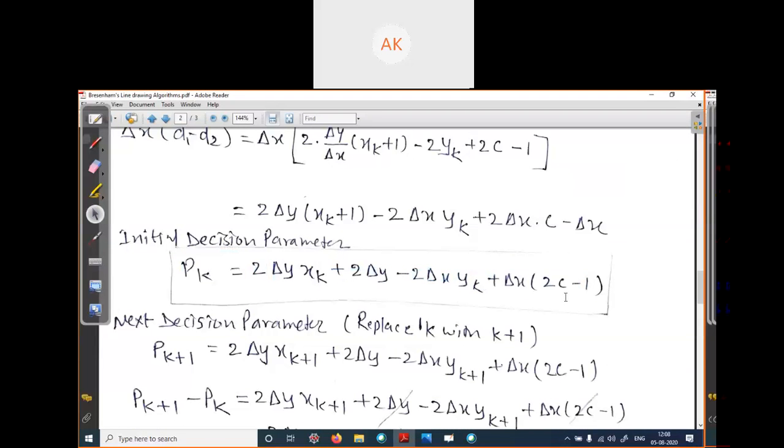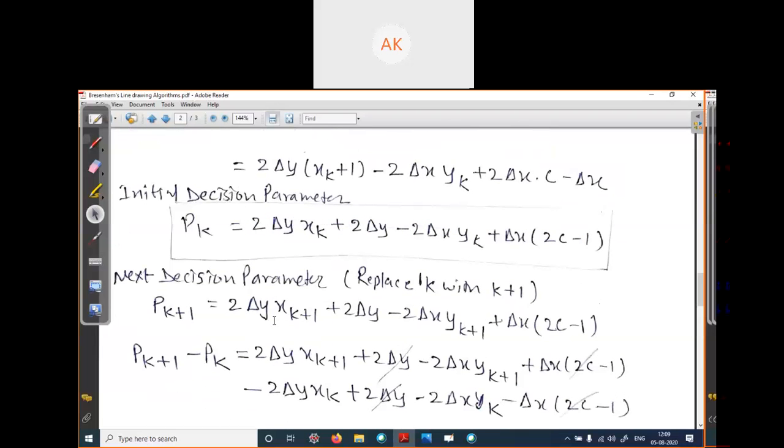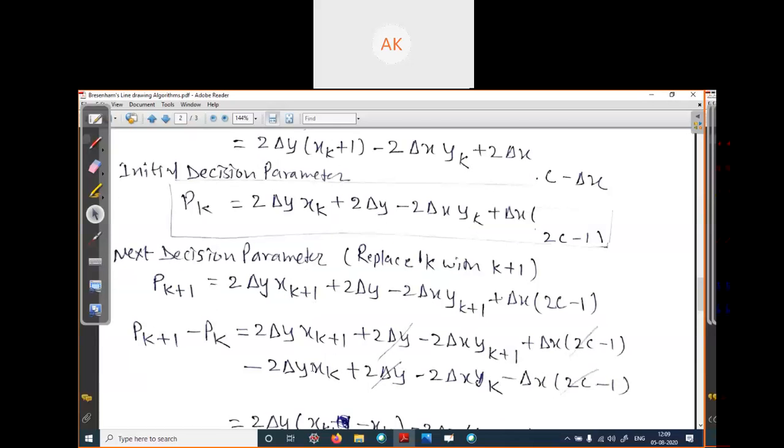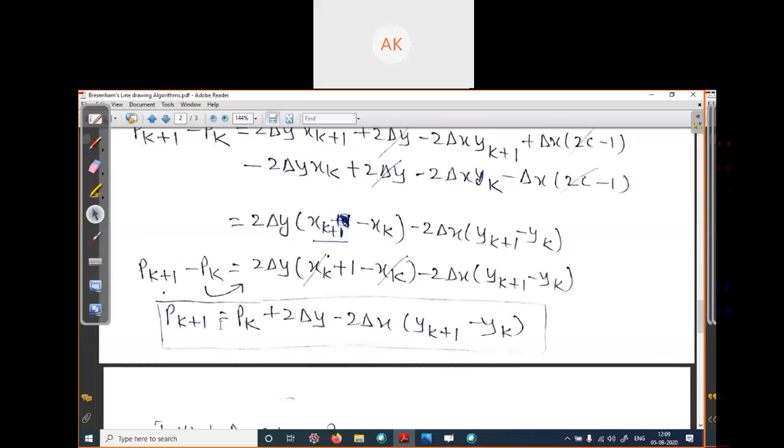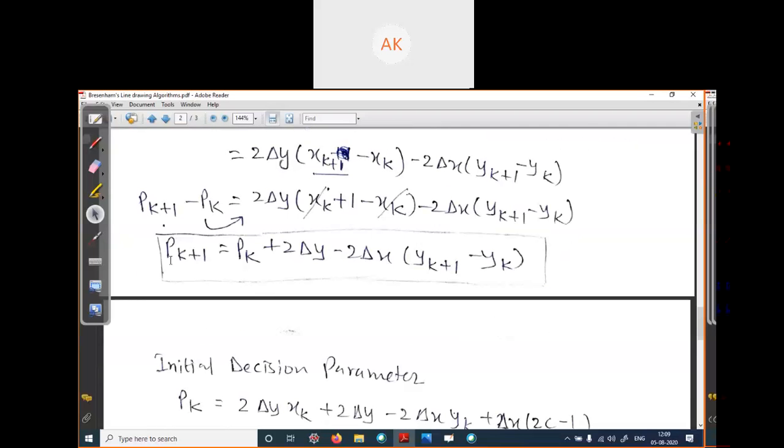For the next point we will calculate pk plus 1. For calculating pk plus 1, we just replace k with k plus 1. In this pk there is xk yk, so just replace xk yk with xk plus 1 yk plus 1. Putting in the value, you find the next decision parameter. As you can see, this is your next decision parameter equation.